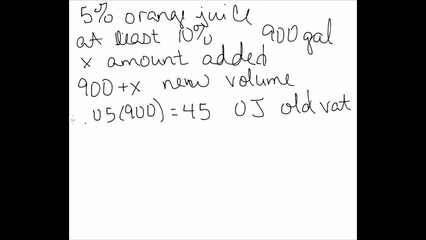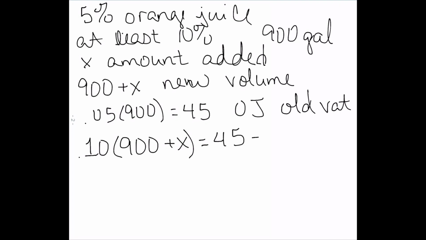So the amount of orange juice in the mixture is going to be, well, we wanted 10% concentration times the volume, which is the 900 plus X. So this is what we actually need, but that should be how much we have plus how much we just added.